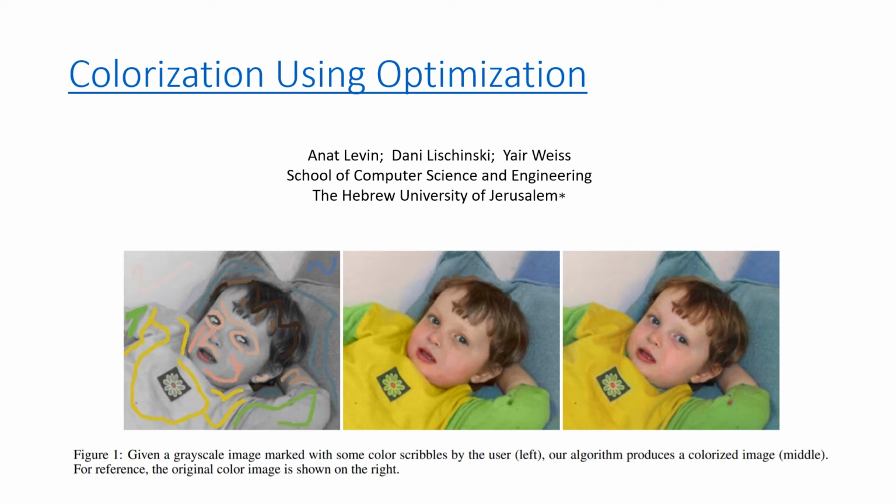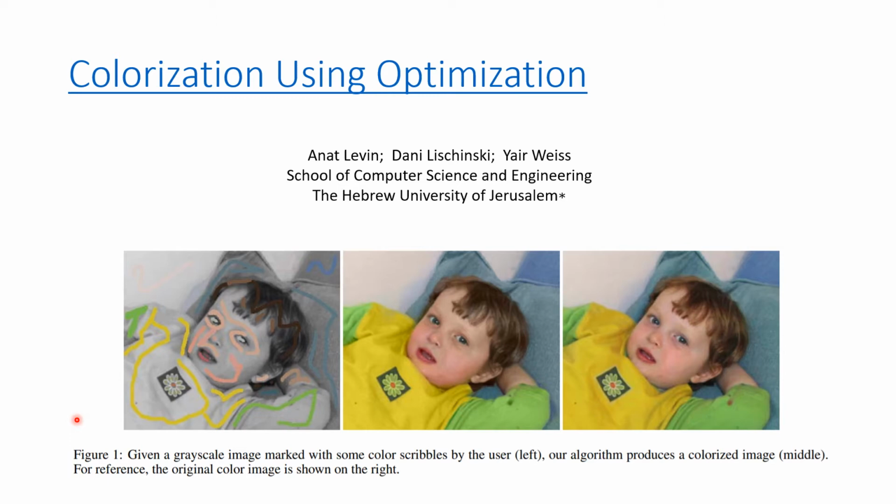Now the whole paper can be summarized into this provided figure here. We can see three images here: left image, middle image, and the right image. The left image is the input image, and we can see that it is a grayscale image with some color hints or color scribbles on certain regions.